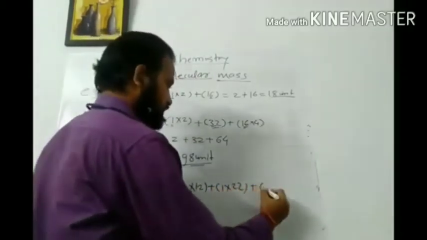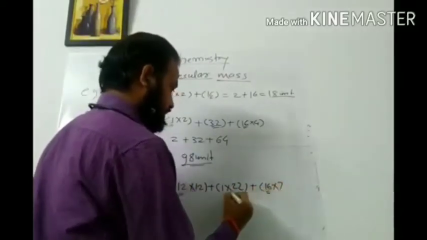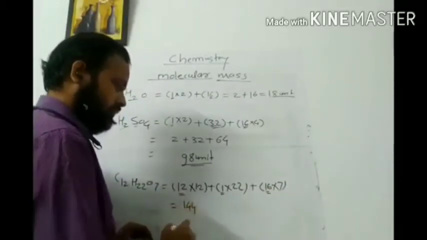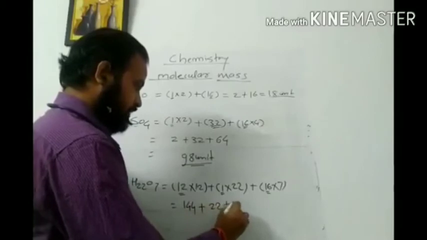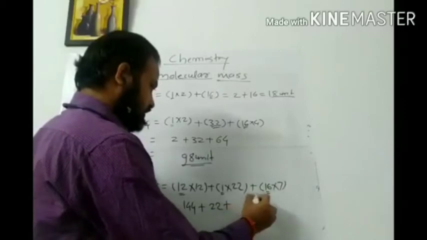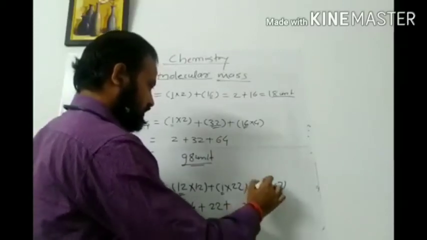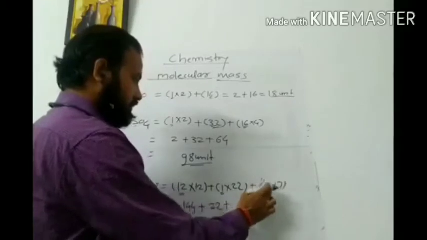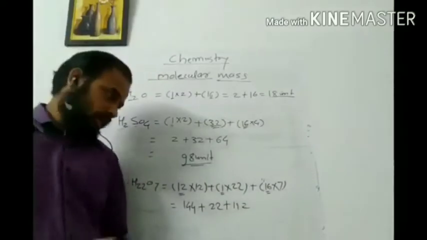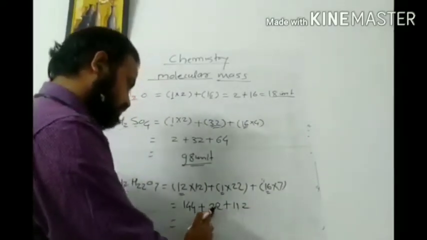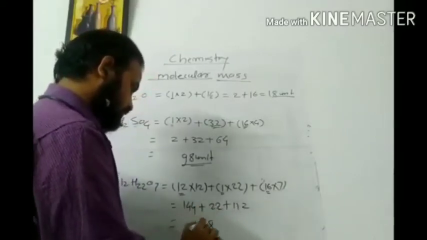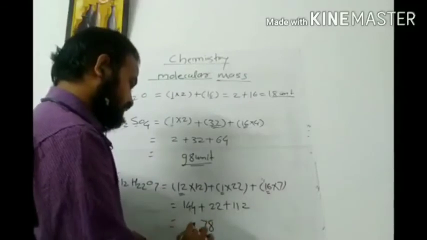Here O7 means 16 into 7. If we calculate it, 12 twelves are 144, plus 22, plus 16 sevens.